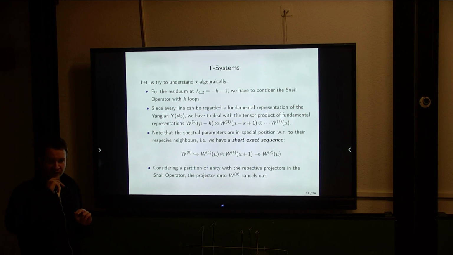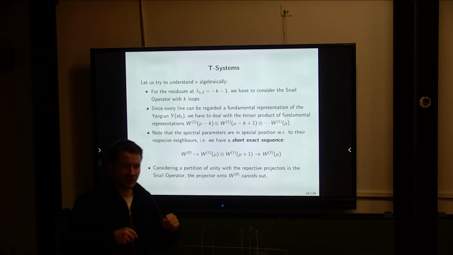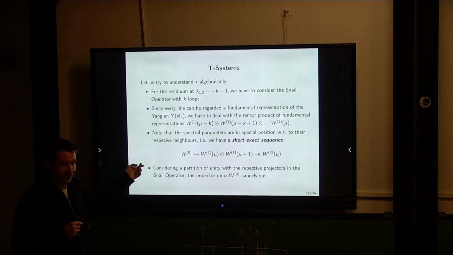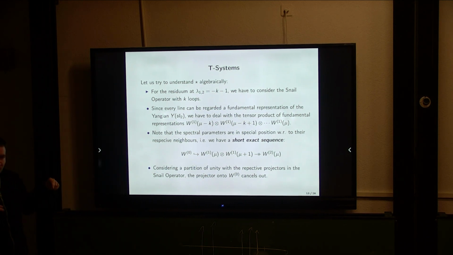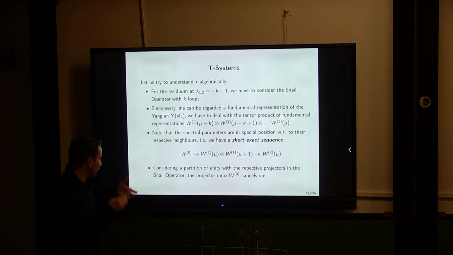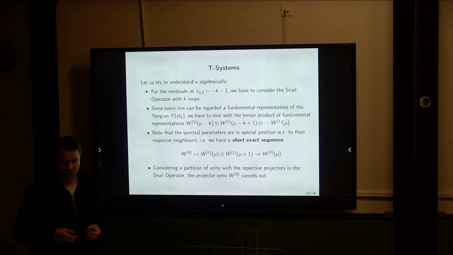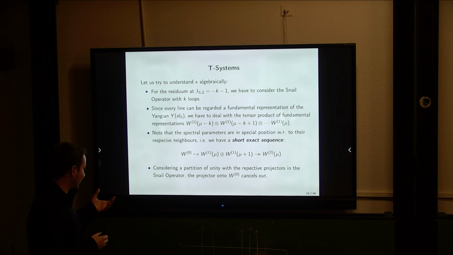That's what Jules told you 2 days ago, I think. There's a point where you have a kind of fusion. It means you have a short exact sequence which doesn't split, but you still have a short exact sequence, and somehow you can calculate the projectors and look at what happens in the Snell.